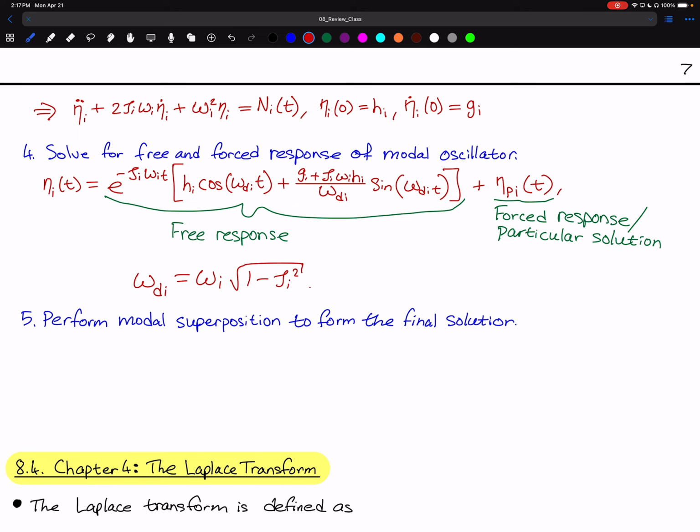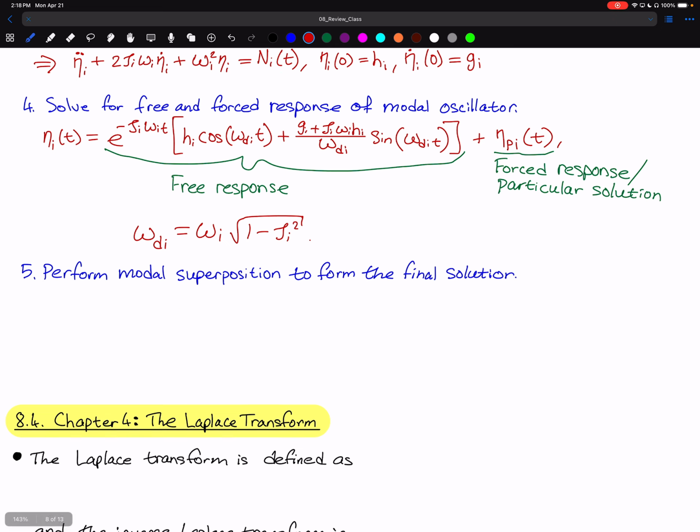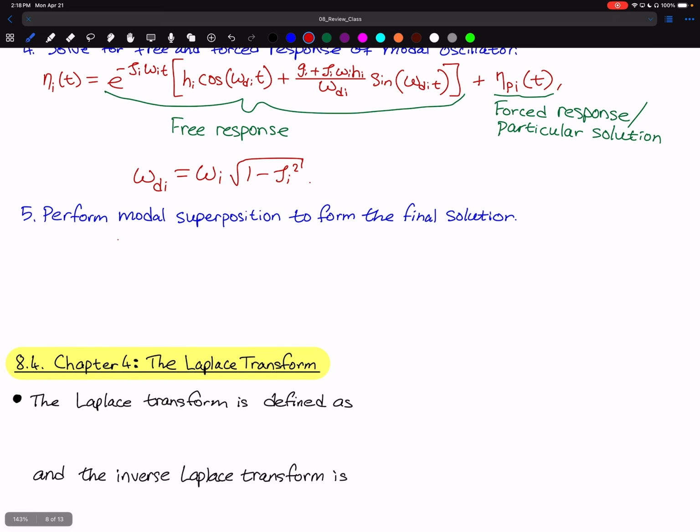All right, from here, we are going to perform modal superposition to form our final solution. And what that means is that we're going to go back to where we said x of t is equal to phi times eta of t. This is our modal superposition.